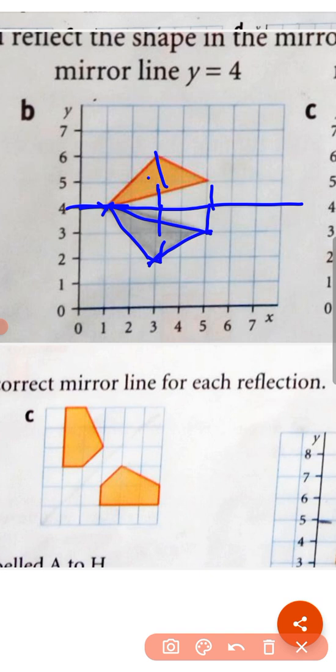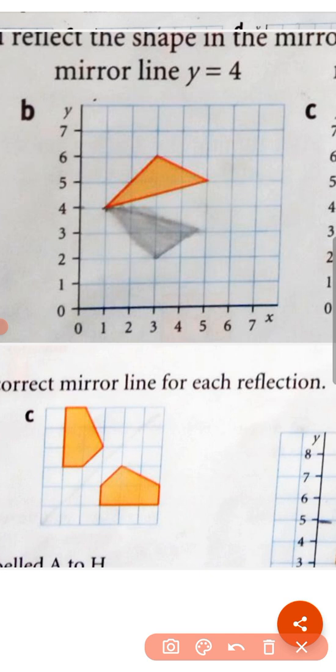Then find the distance of each corner. So first draw the mirror line, that is y is equal to 4, on the grid. Take each corner of the shape and plot its reflection in the mirror line.